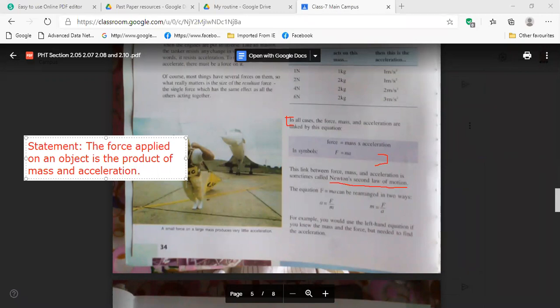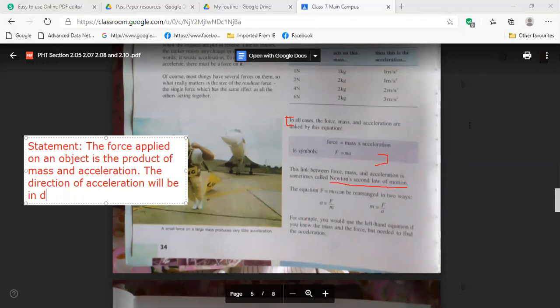Then you add something more: the direction of acceleration will be in the direction of force.